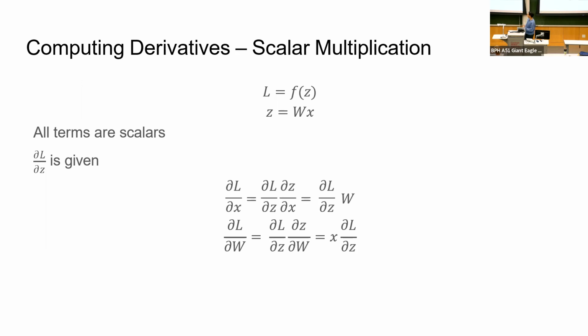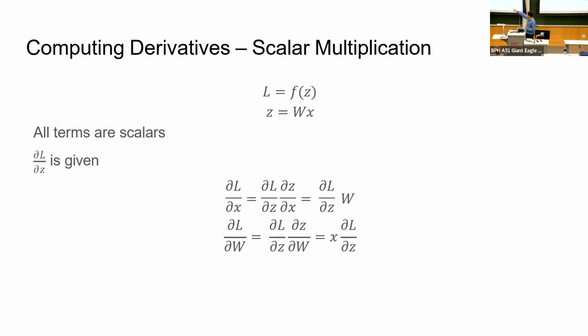All right, so scalar multiplication is similar. We have a function f which computes the loss from an output z, and z is represented by w times x. Here, w is a capital letter, but essentially w is also a scalar. When we're trying to compute the derivative, we do 2 different parts, so del L by del x and del L by del w.